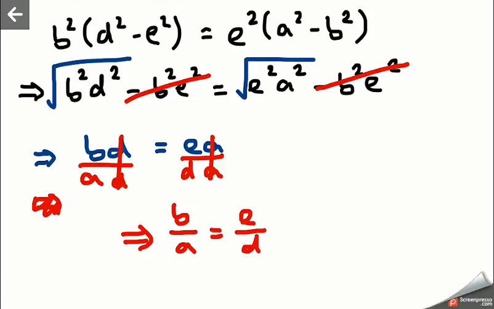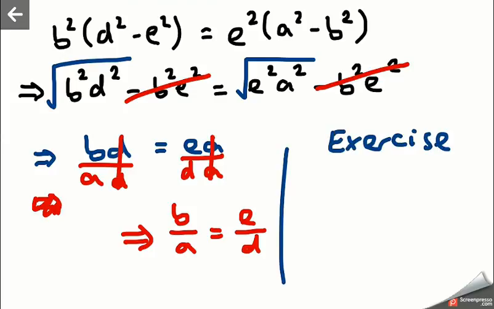And I've run out of time, so I'm going to leave the last one as an exercise because I've got to go do some stuff now. So it is left as an exercise to show the other one.